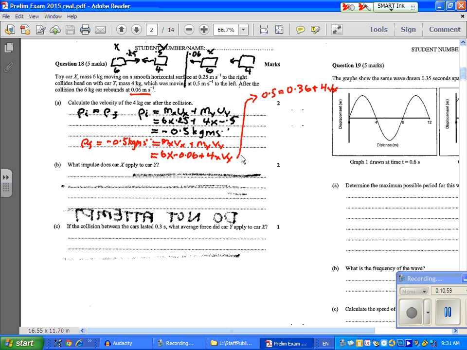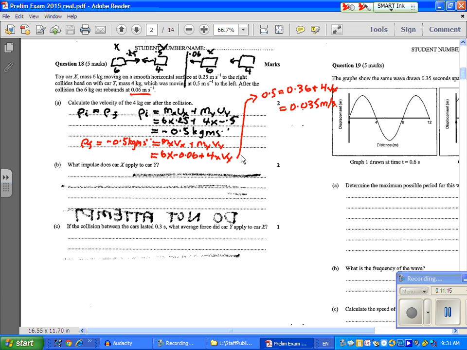And if you rearrange all that, and I'm not going to go through all the rearranging the maths for you, you can just do that in a calculator, what you end up with is 0.035 metres per second.